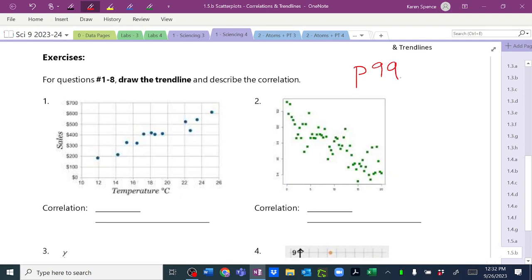For each of these, you will have wanted to draw the trend line and describe the correlation. Yes? So what kind of correlation do we have for question number 1? Yes. This is a high positive. Now, how can we tell that it is high?